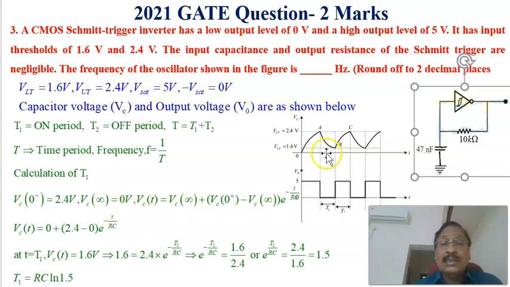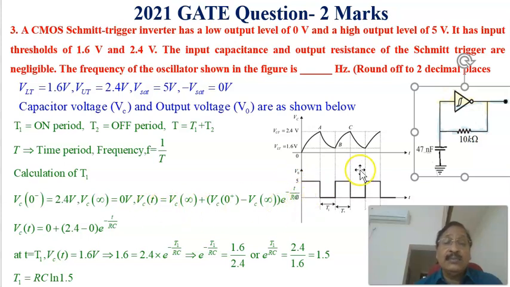And we have to write the equation for the capacitor voltage at any time t, which is Vc(t) equal to Vc at infinity plus (Vc at 0 minus Vc at infinity) into e raised to minus t by tau, or t by RC.